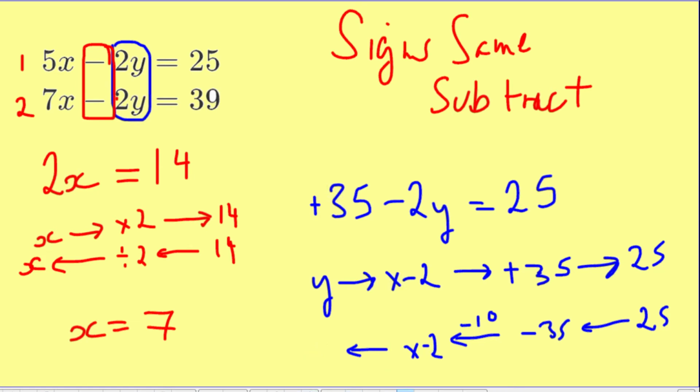Oops, that's a divide. Minus 10 divided by minus 2. Okay, two negatives divided is going to give us a positive, which is 5. So x is 7 and y equals 5. Okay.